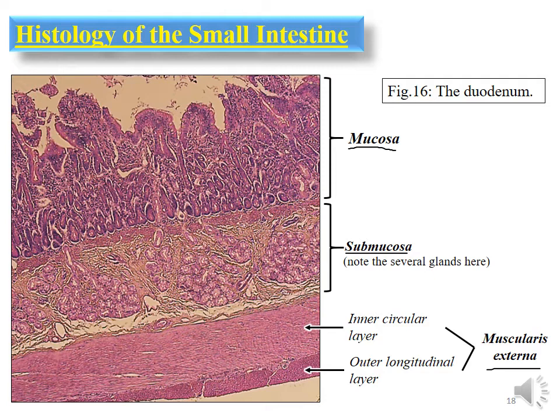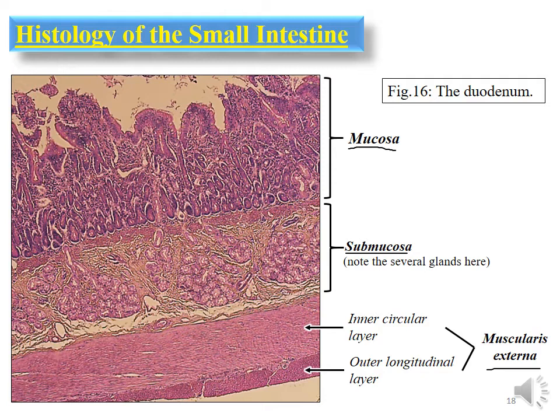Now, the mucosa here, we must remember that in the small intestine we have folds of mucosa and submucosa, the plica circularis, and the mucosa has villi, but in the duodenum these two features are not very prominent.